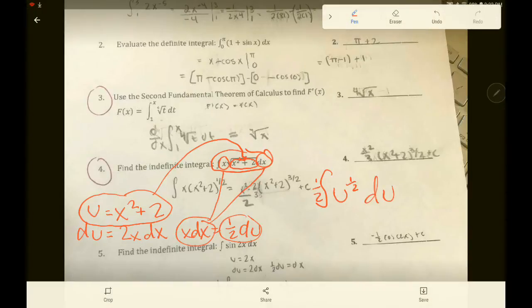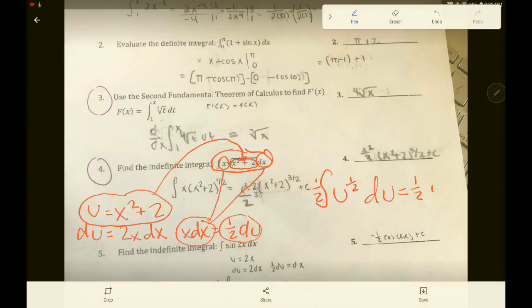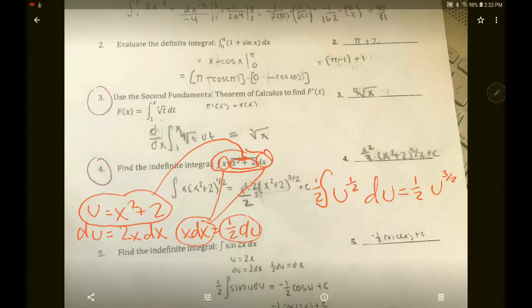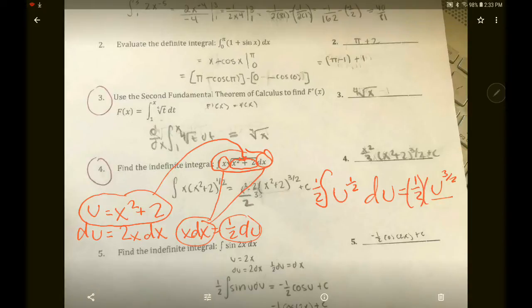So that's our integral. And that clearly equals 1/2 times u to the 3 halves over 3 halves, which is 1/2 times 2/3, and then plus c, of course.